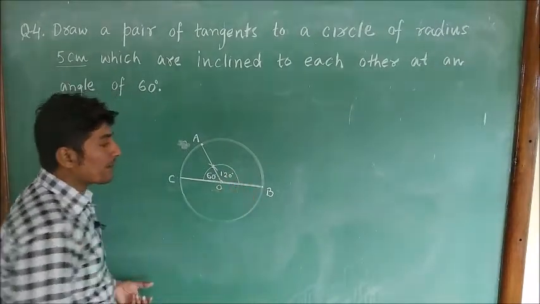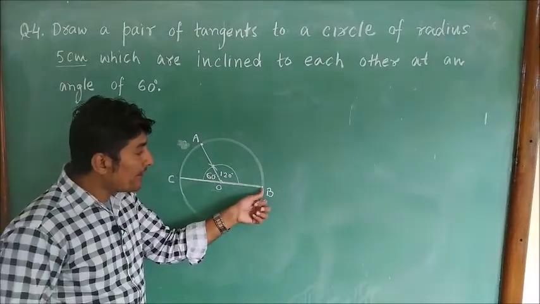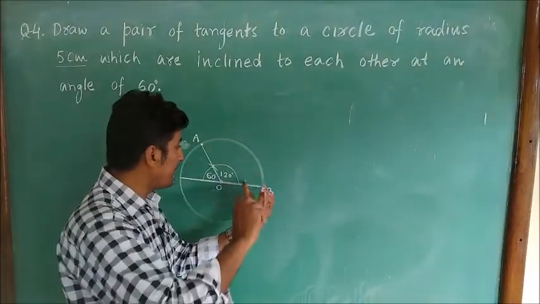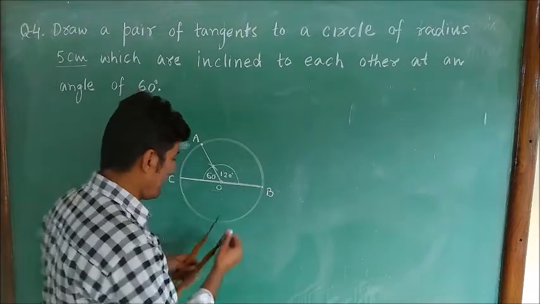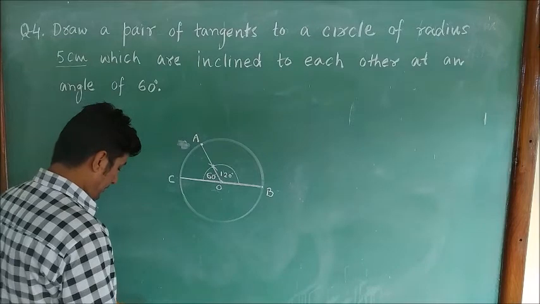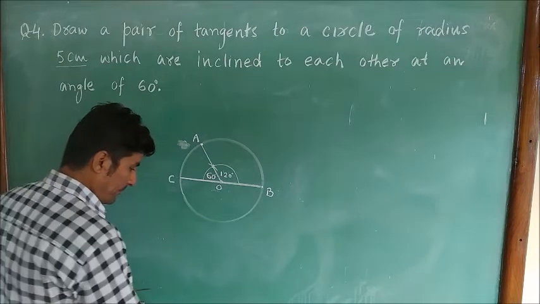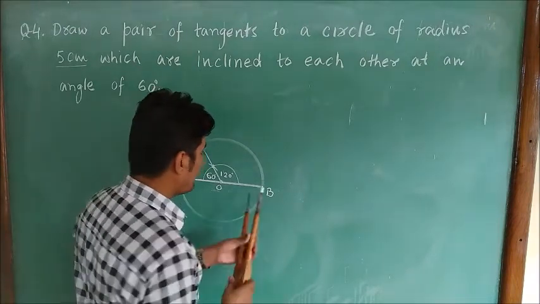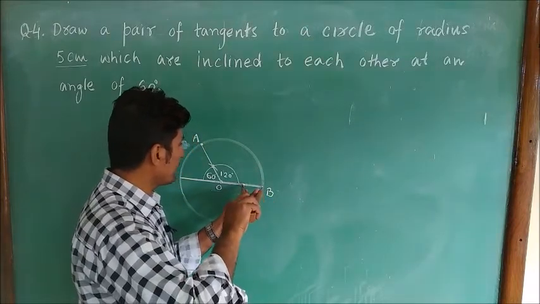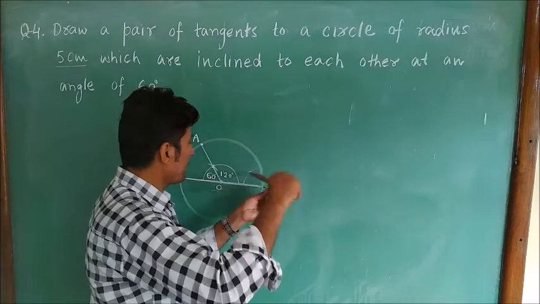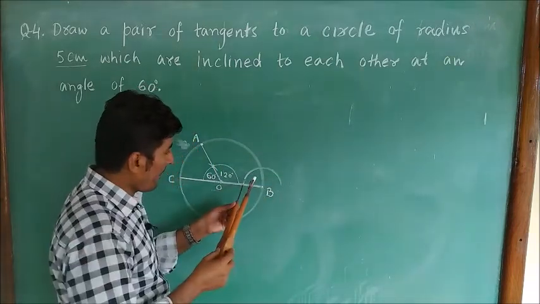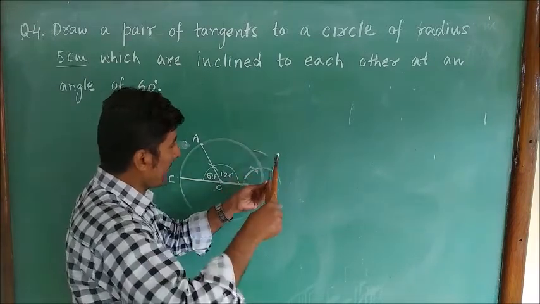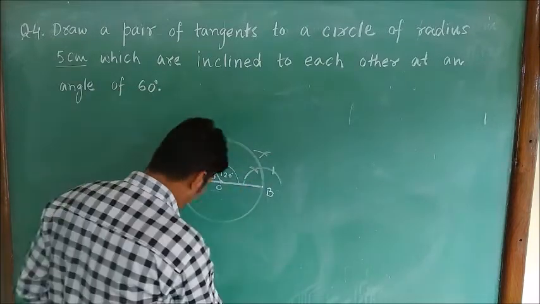So what we have to do, we have to construct the angle of 90 degrees at point B and at point A. So we are going to construct the angle of 90 degrees at point B. Then we have to draw the straight line.